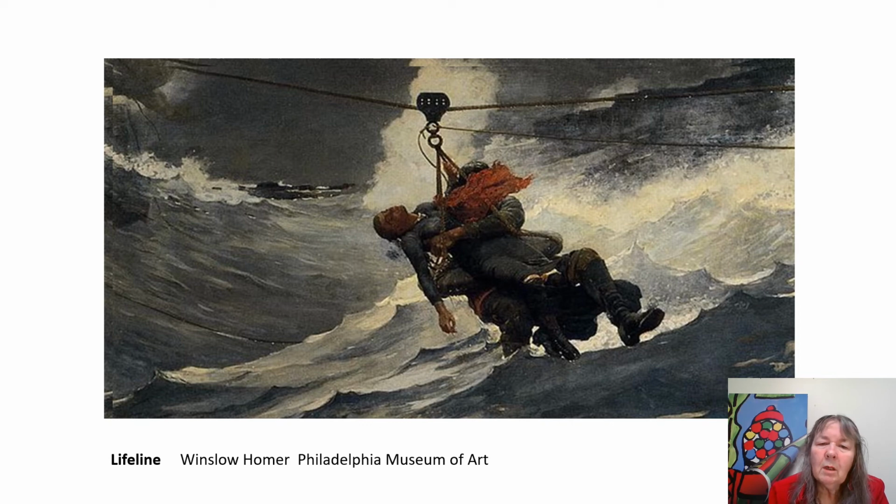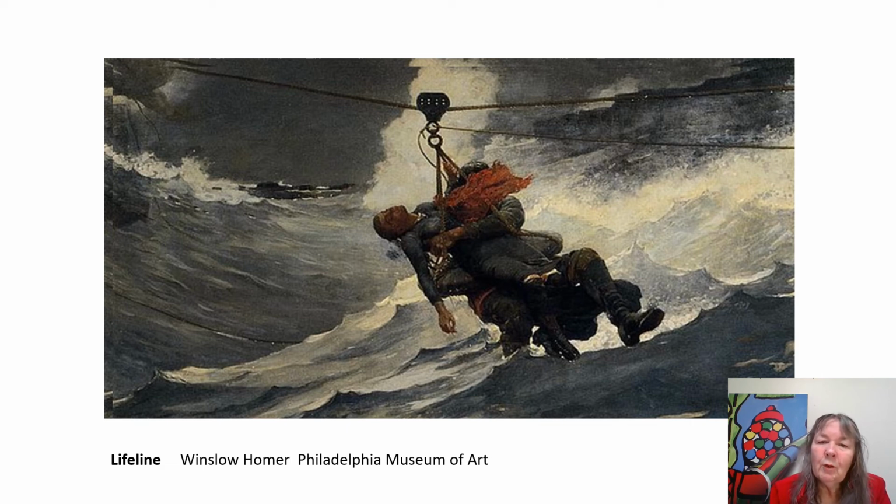There are these strong diagonal lines. Diagonal lines create a sense of imbalance and interest and energy and something that's unsure. It's not a continuum kind of line. Diagonals are slippery slopes. Okay, so we don't know what's going to happen.